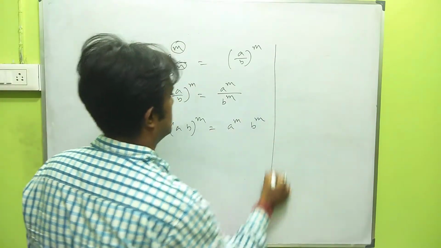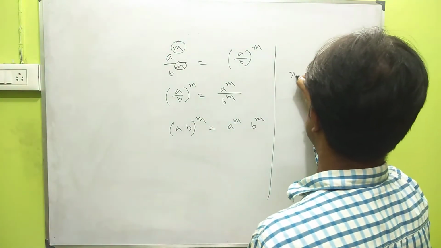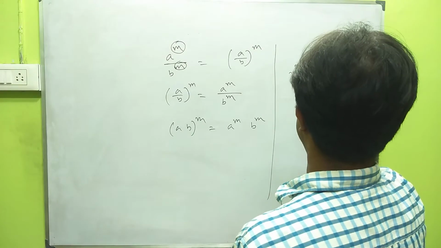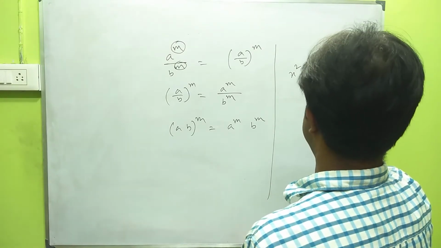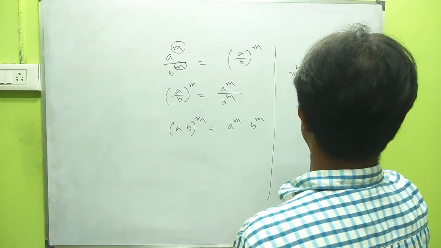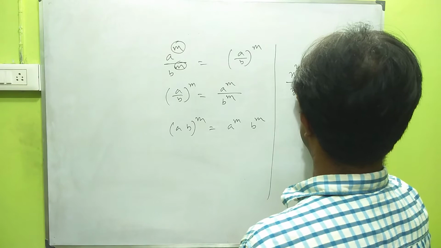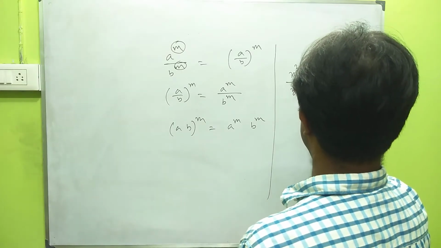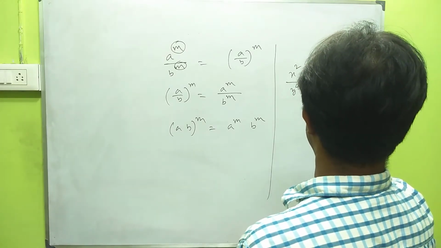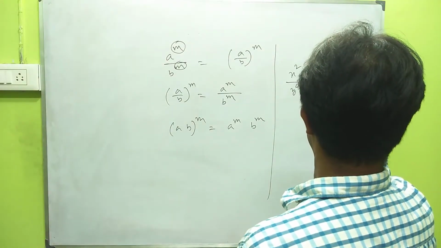Now, if we apply this formula: x square y cube z square, x to the power 3 by y to the power 4 z to the power 4 x to the power 6.